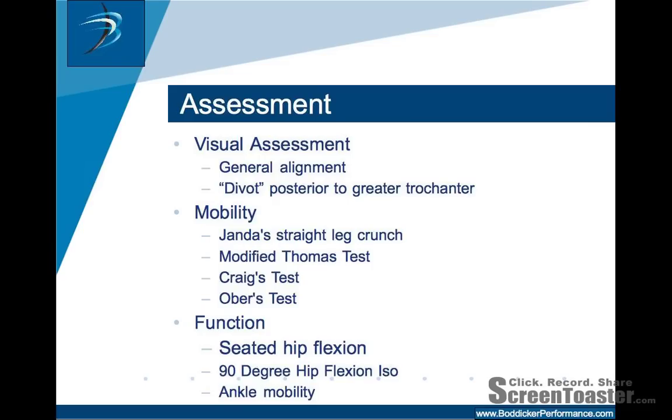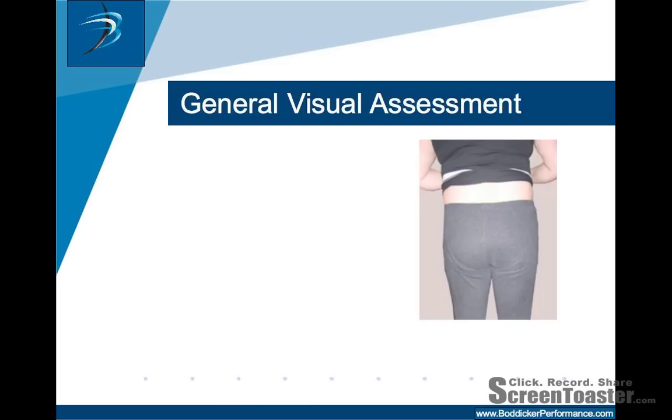Some things I'll use: Yanda's straight leg crunch, the modified Thomas test, Craig's test, Ober's test. Also to check function, activity, to see maybe if it needs some activation work, we'll use a seated hip flexion test, also the 90-degree hip flexion iso test in standing, and we'll evaluate ankle mobility. It doesn't mean that you have to use all of these, but they're just some tools to have in your toolbox in case.